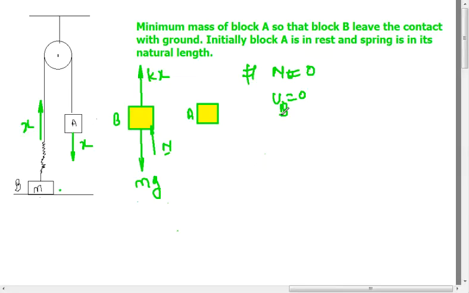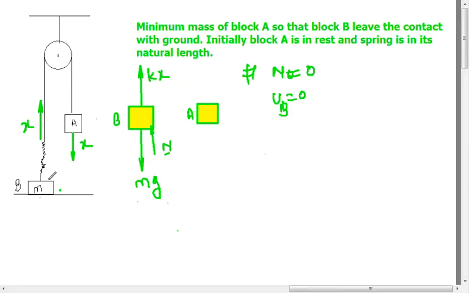Here we had assumed the minimum value of A, so that block B just leaves the surface.